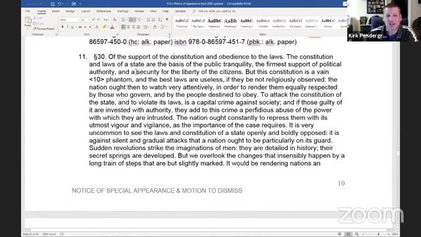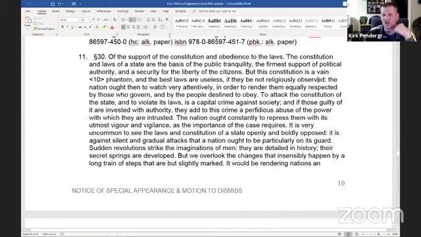The Constitution and laws of a state are the basis of the public tranquility. Well, who establishes the tranquility? Who establishes justice? We the people do, not government. And we do that before we institute government. Before, like it said, law of creation there, okay? The firmest support of political authority and the security of liberty of the citizens.